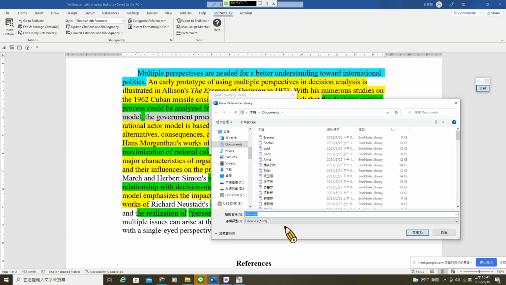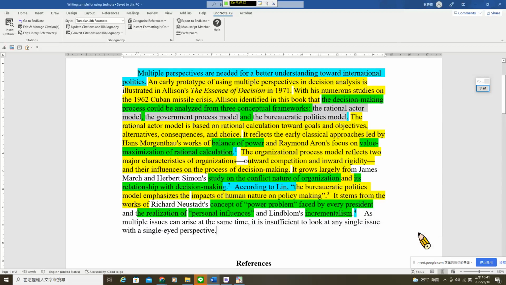And I can give it this name, for lesson 10. So I just create the library here. I will save it. When I save it, you will create a library. See, export complete. I click it.